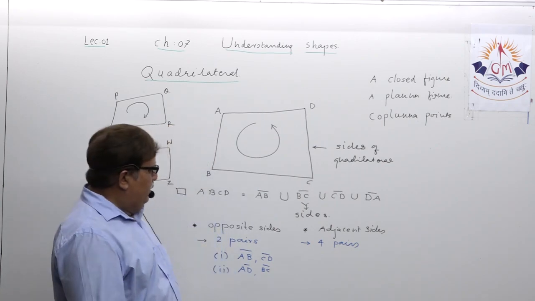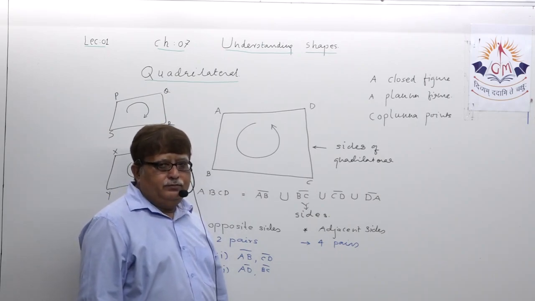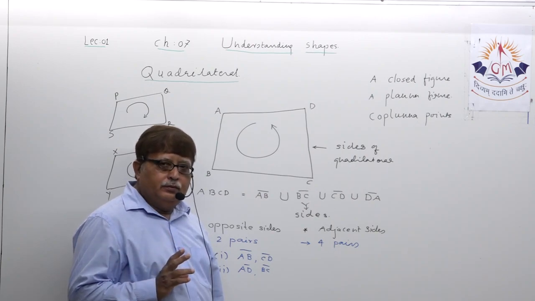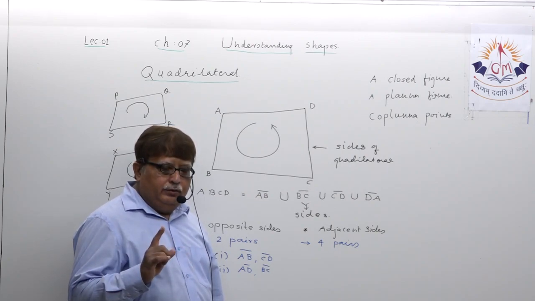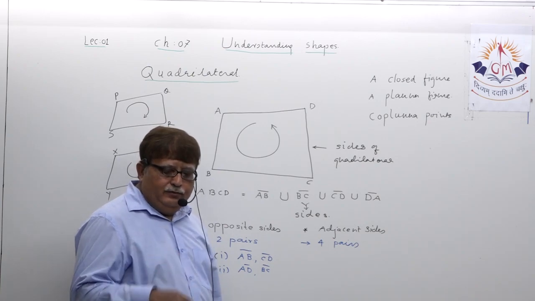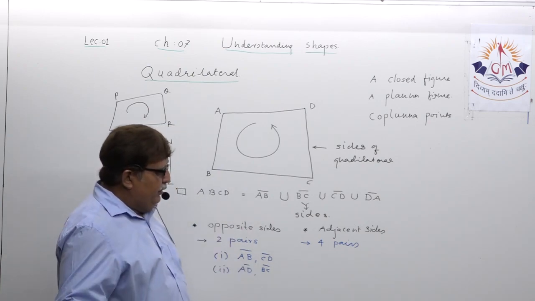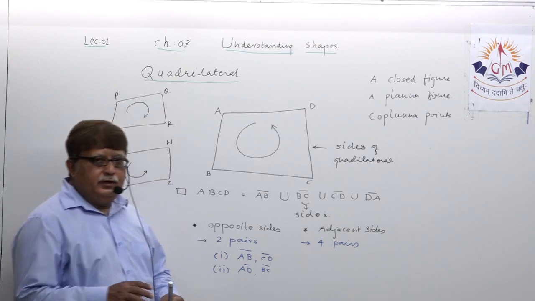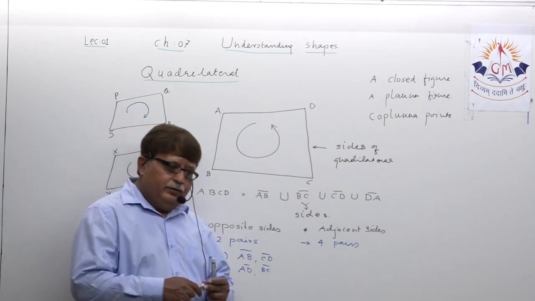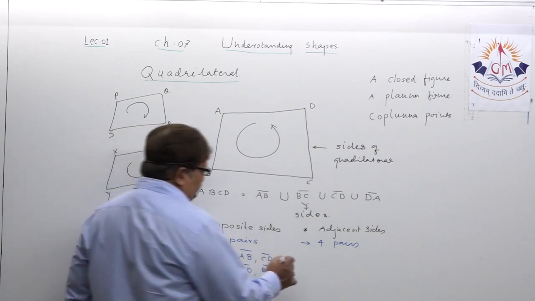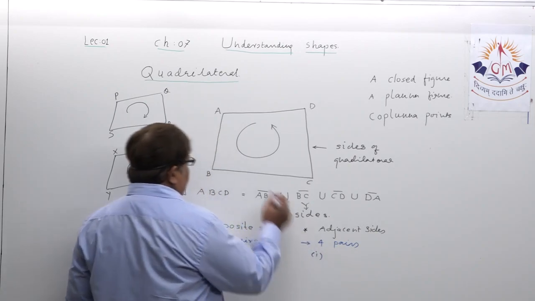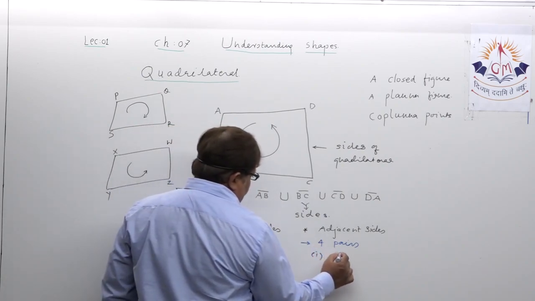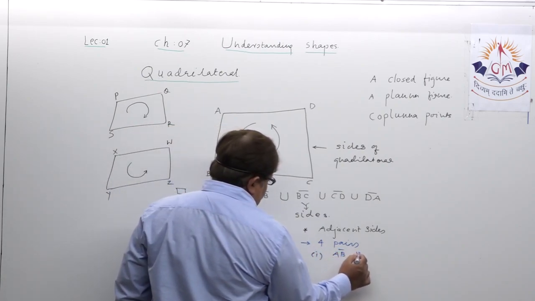Speaking it again. Two sides having one point common are called a pair of adjacent sides. A quadrilateral has how many pairs of adjacent sides? Four pairs. Let us mention them here. First, start speaking: AB and BC, that's the first pair.